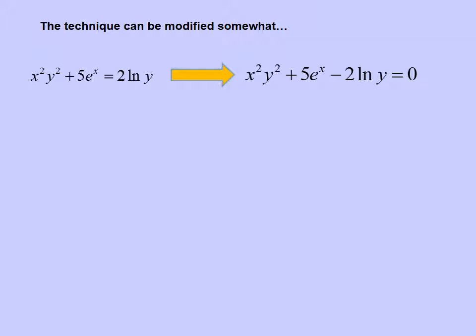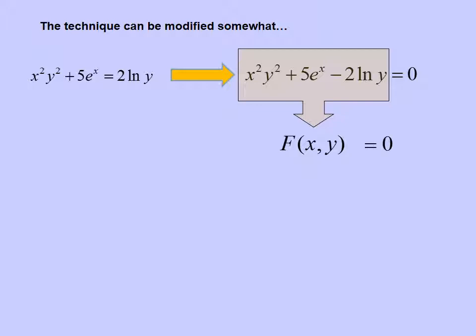So all I've done on this one is to move the 2lny over to the left so that we got everything equal to 0. Now that's the key to the formula working out the way it works out. Now we're going to call this capital F, function of x and y, and we've got capital F equals 0.